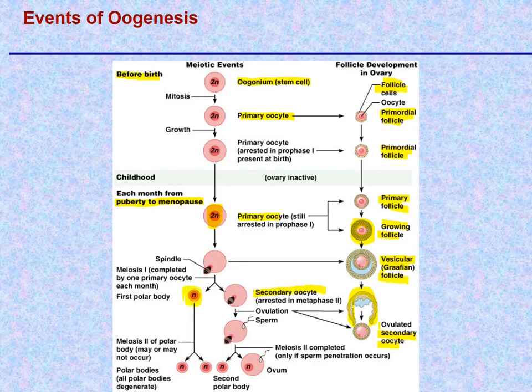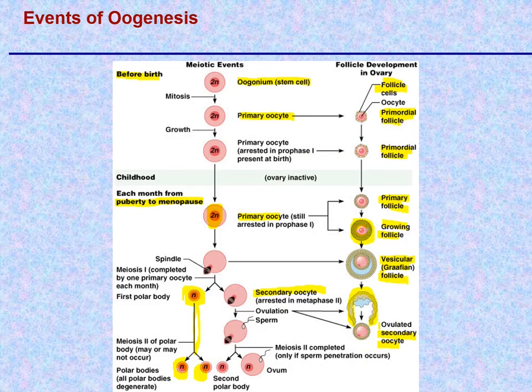The polar body does not do anything or go anywhere. It does contain a haploid number of chromosomes, one copy of each of the 23 different chromosome pairs, a single copy, but it doesn't do anything other than it can carry on the second stage of meiosis and then form two more polar bodies.